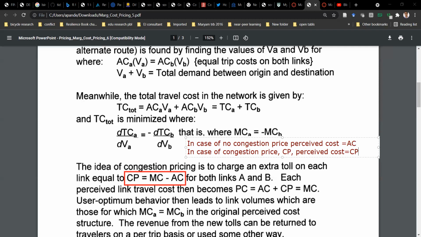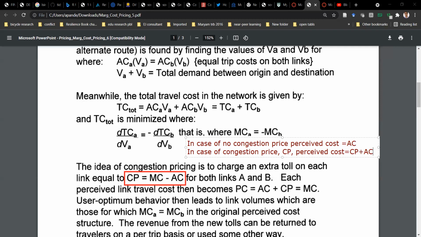Yes, you're going to be paying that out of pocket, but you have another component of the cost, which is AC, the average cost, right? You still have to travel on that link, so you're going to pay that price of travel, but now you're being tacked on the CP. So your perceived cost now is CP plus AC.